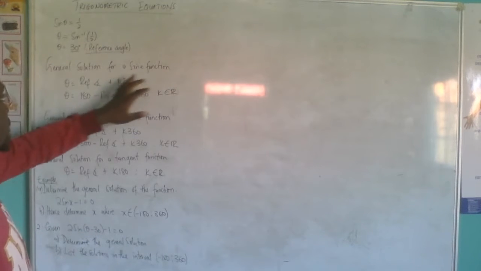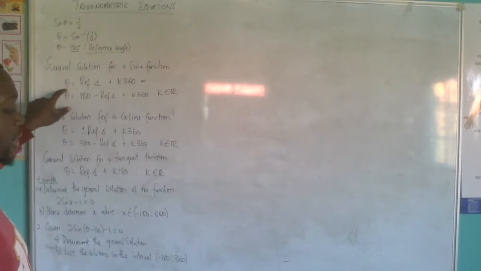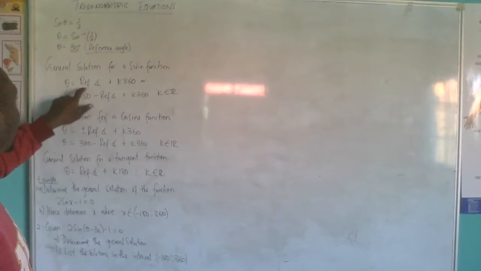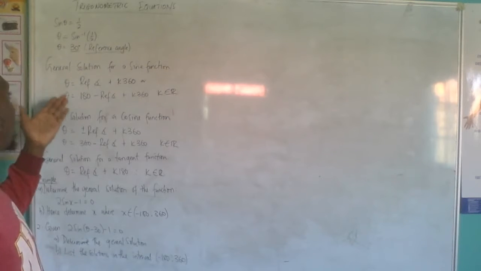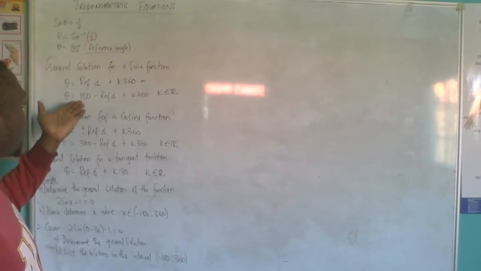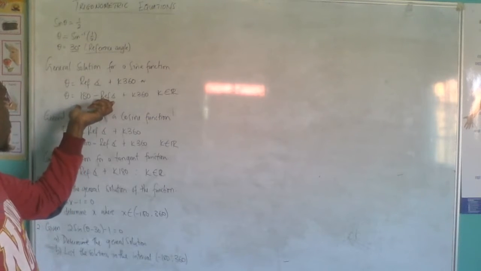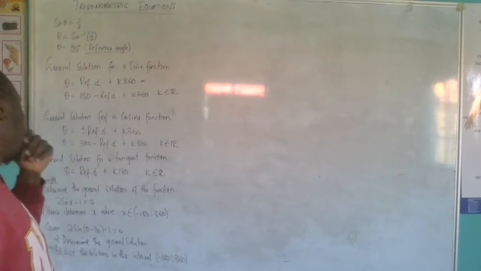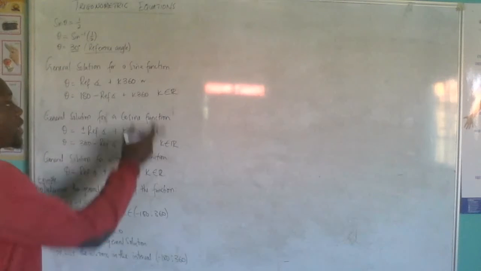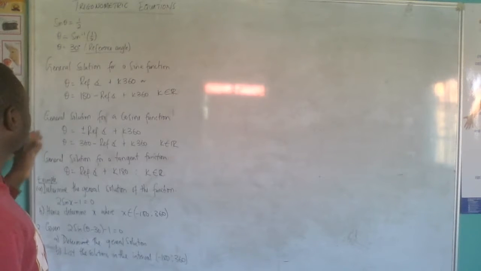For the general solution for sine, there are two of them, so your actual theta will go to that reference angle that you got, plus k360. Or someone else can also say 180 minus the reference angle, because it's in the second quadrant, plus k360, taking k to be any real number.